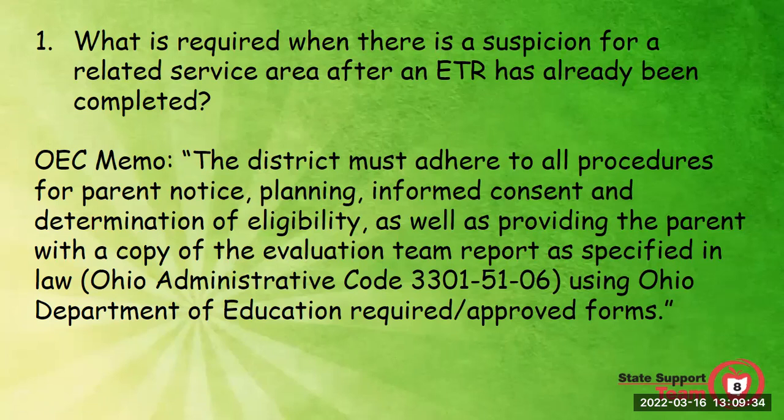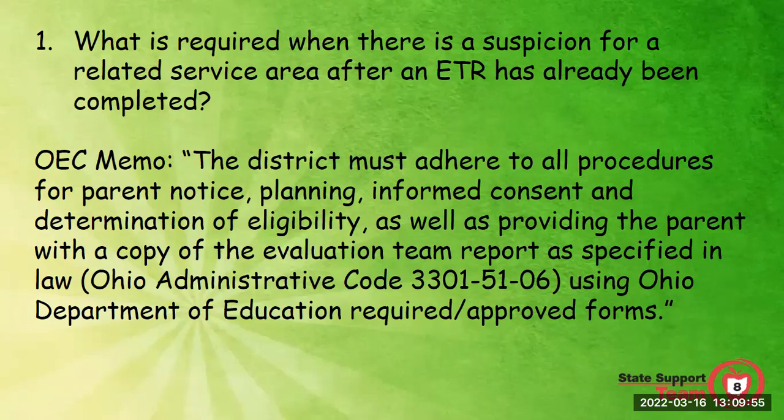So this is sort of the workaround, if you will, the allowance from the state, because typically if you've got to add something or you need to make a change to the ETR, you have to do a full new reevaluation or a record review with additional testing as warranted.